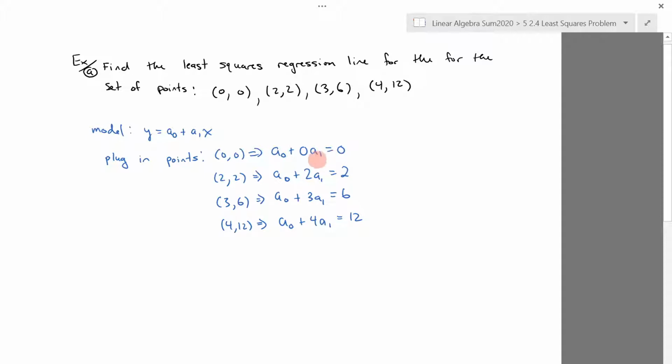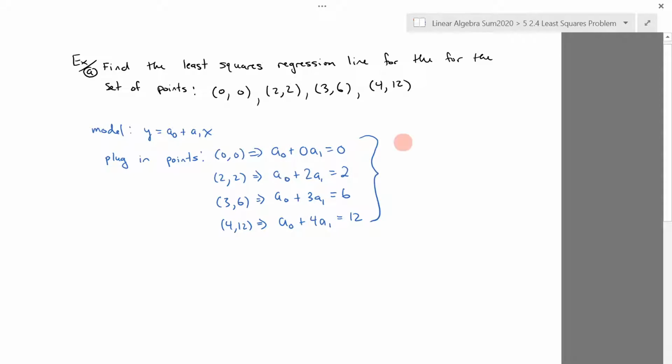Okay, so this is our system of linear equations. And in matrix form, we're thinking of the coefficients a0 and a1 as the unknowns, right?